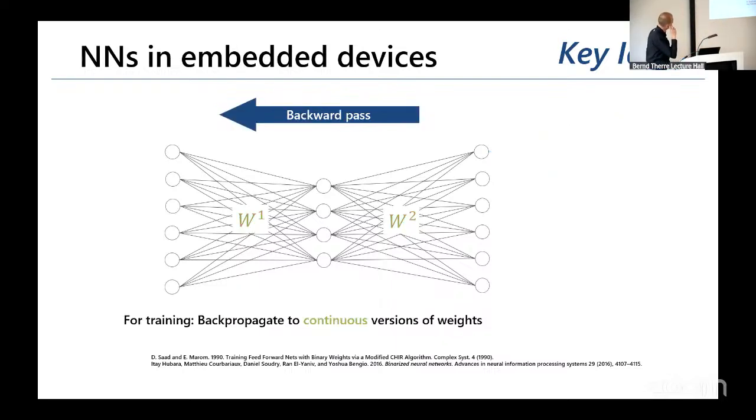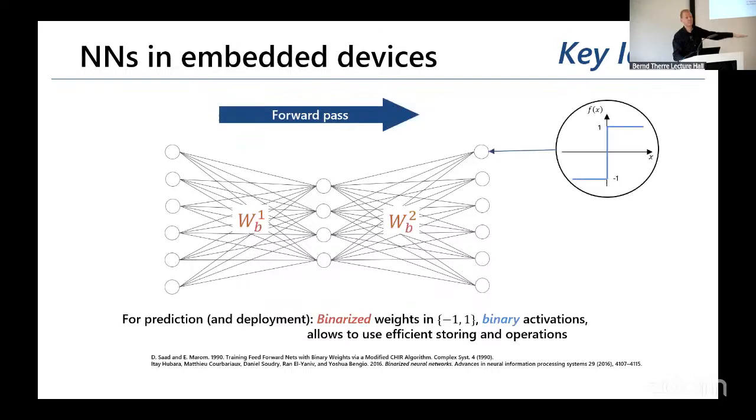The other idea is that if we want to train such a binarized network, during the backward pass we don't use binary weights. So effectively, we have continuous weight matrices W1, W2 in the background, which are the ones we use when we want to propagate the errors. But in the forward phase, we binarize those weights, and that's what we use in practice, right?